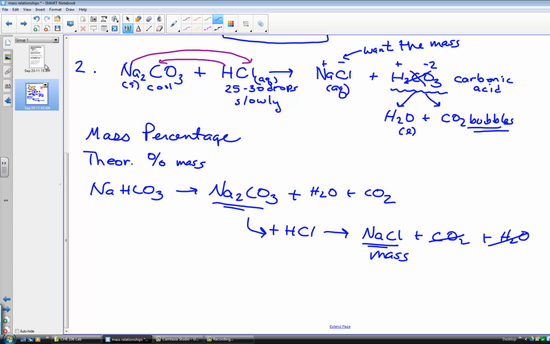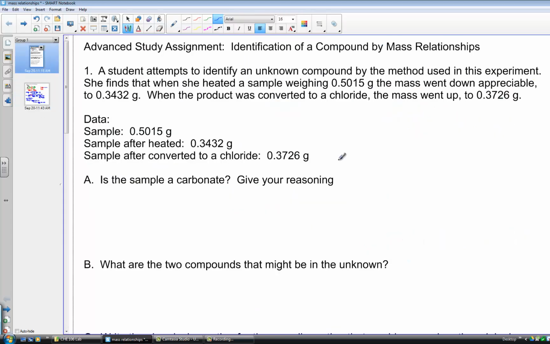So now let's go ahead and flip a page over, and this is on page 17. We talked about a little bit of the procedure and the overall purpose to determine the identity of our unknown based on mass relationships, percent composition, part over whole to give a percent.